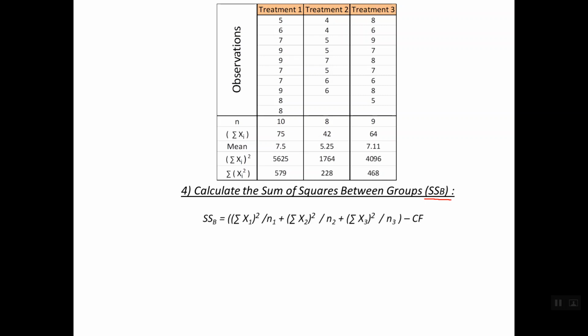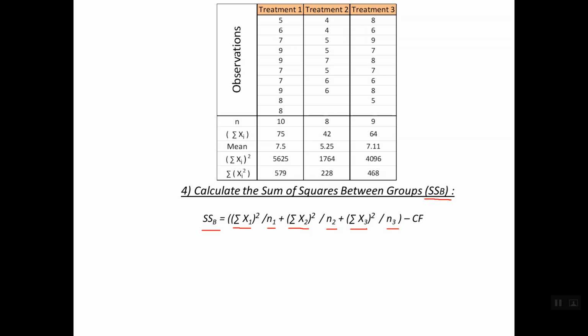The formula is: the total of the observations for treatment number 1, squared and divided by the sample size for treatment number 1, plus the total observations for treatment number 2 squared divided by the sample size for treatment number 2, plus the total observations for treatment number 3 squared divided by the sample size for treatment number 3.